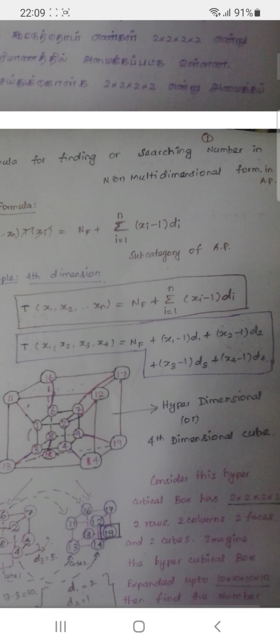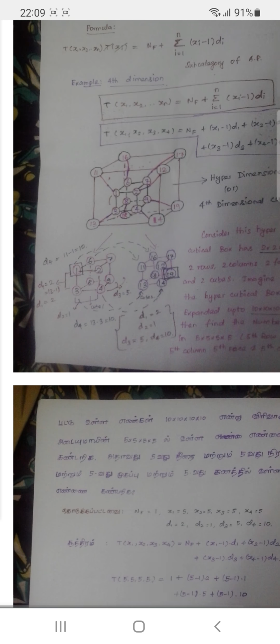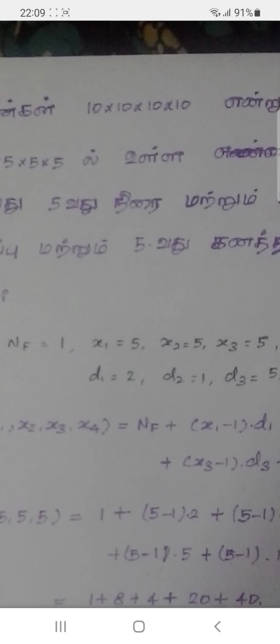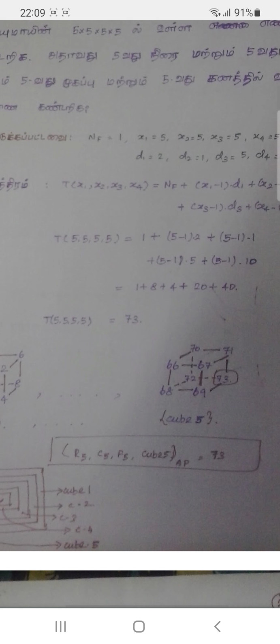And then when I'm trying to apply the formula, say this is a problem statement. I want to discover the value residing at the fifth row, fifth column, fifth phase, and then fifth cube. What value do I want to derive?